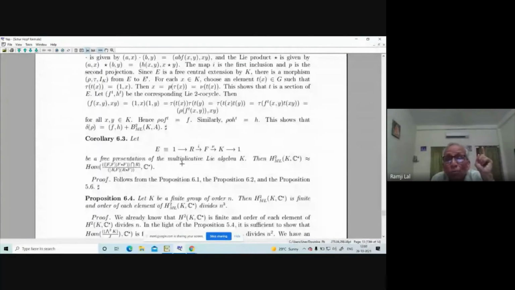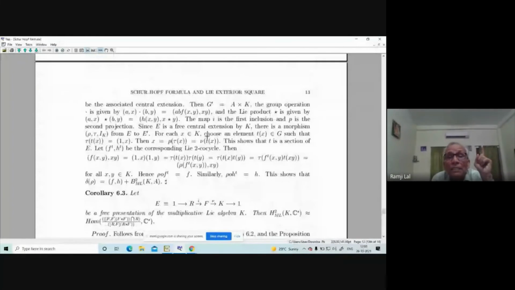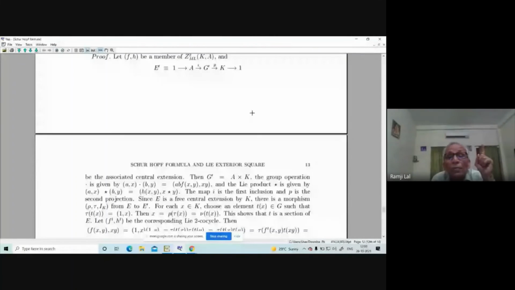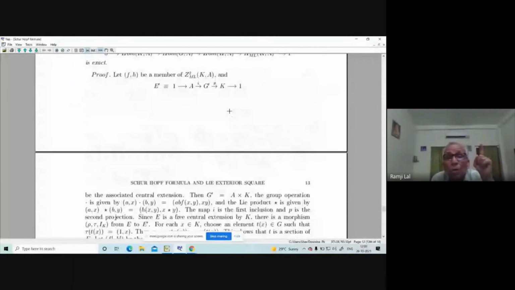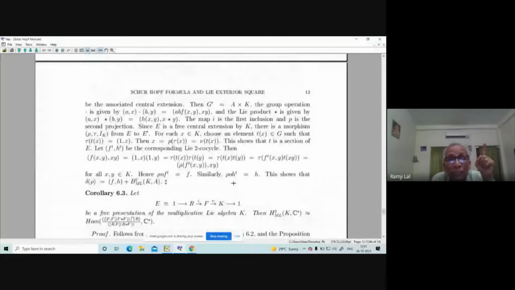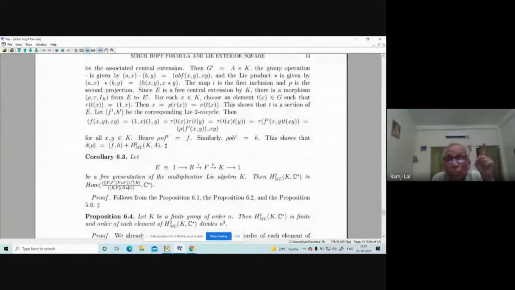So therefore, it follows that H2 MLKC star is isomorphic to this, as this is an exact sequence, as you see. And earlier we observed that the image of delta is this one. So H2 MLKC star is isomorphic to this.